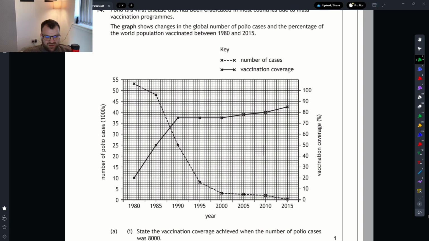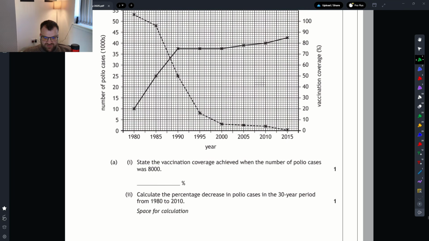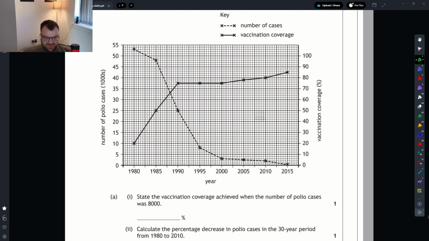Next one, we've got a 2-axis graph. We need to watch out for the fact that the number is the dashed line and it's read off of the left, and then the coverage is the other side and off of the full line. Vaccination coverage achieved when polio cases were 8,000. So 8,000. Polio, 8,000. So each box is 1.